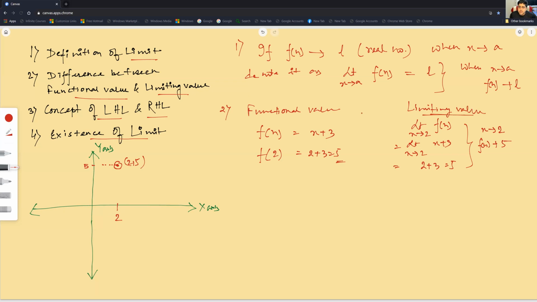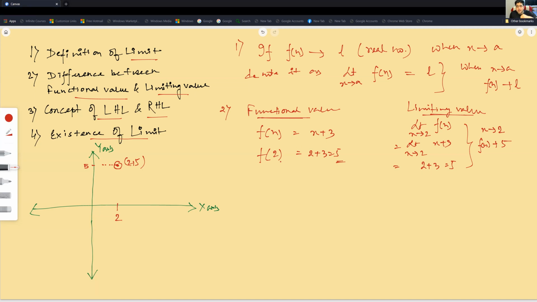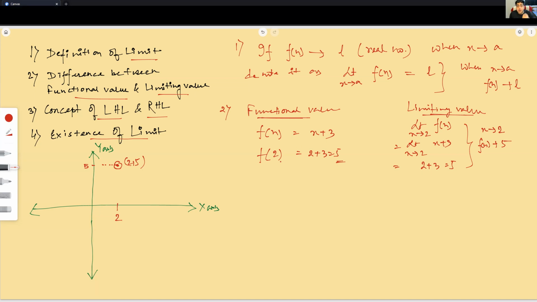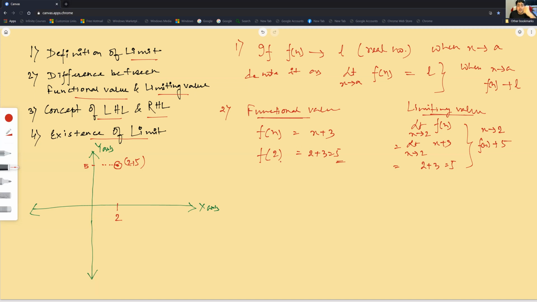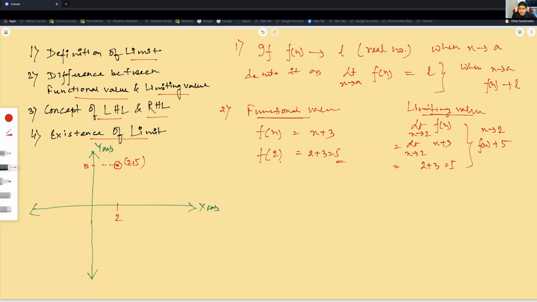Now, what is the difference between these 2 points? In functional value, you are standing on that point, but in the case of limiting value, you are not standing on that point on x. You are approaching towards that point, right?